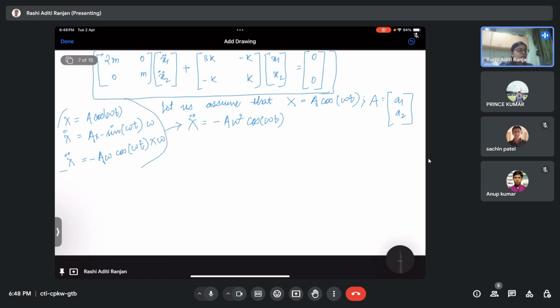Now, if I put these two expressions in the main equation here, what am I going to get? So let us just see. I'll have 2m, 0, 0, m, times A1, A2. Why A1, A2? Because this capital A is A1 and A2, and my A1 and A2 are not dependent on time.